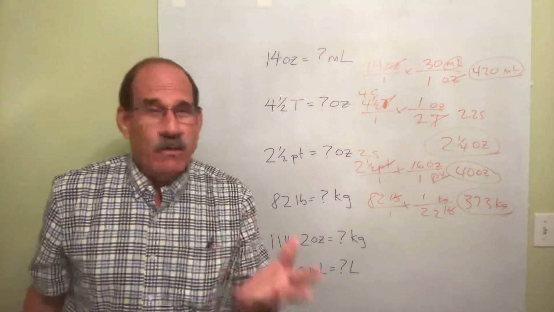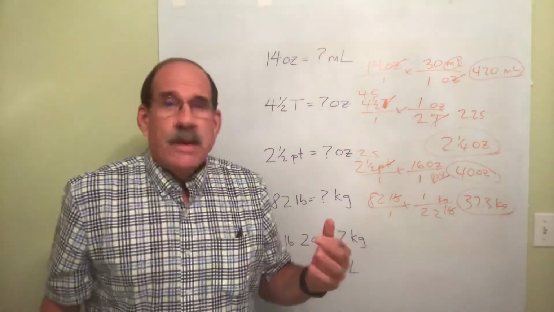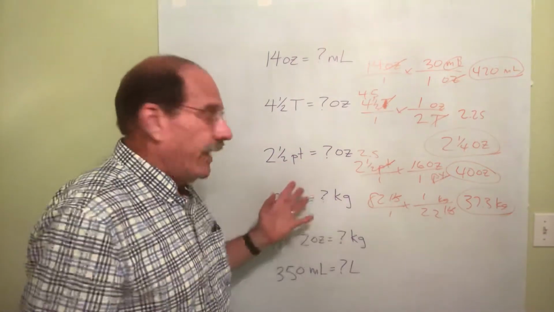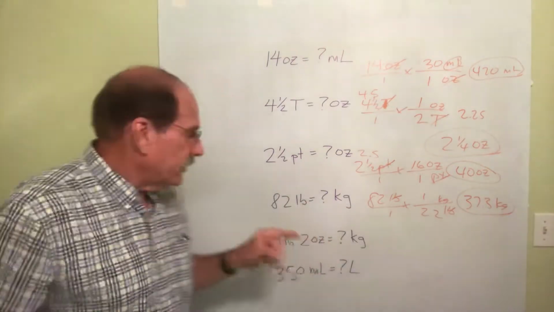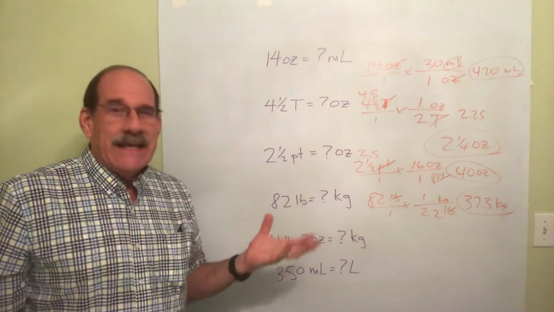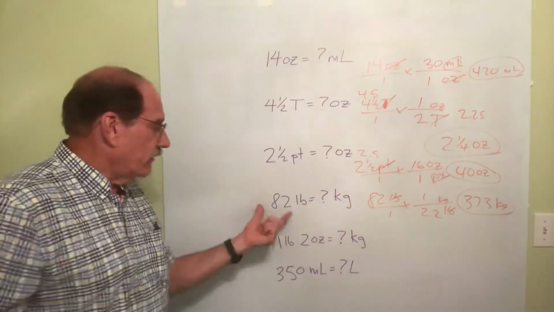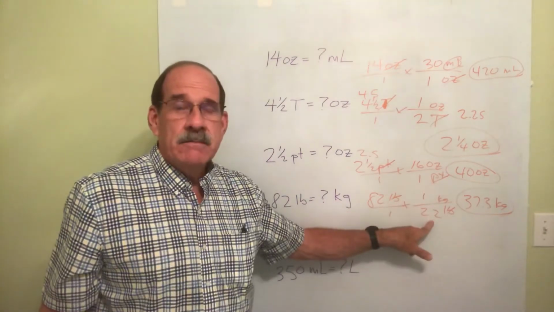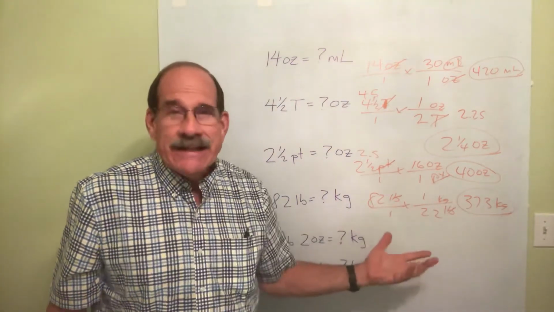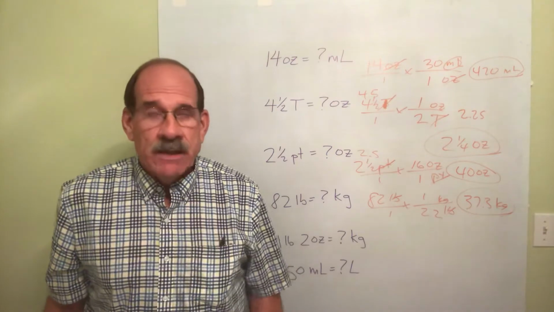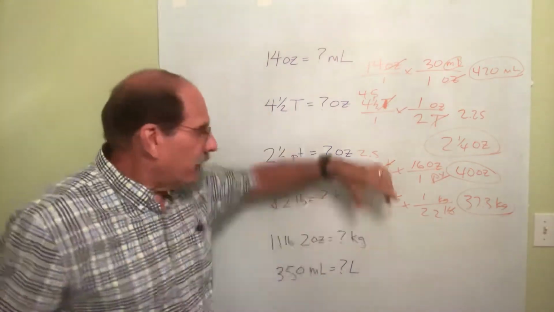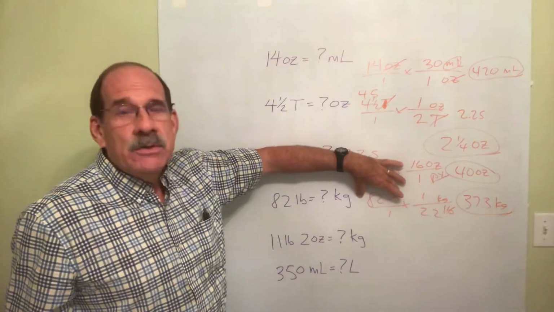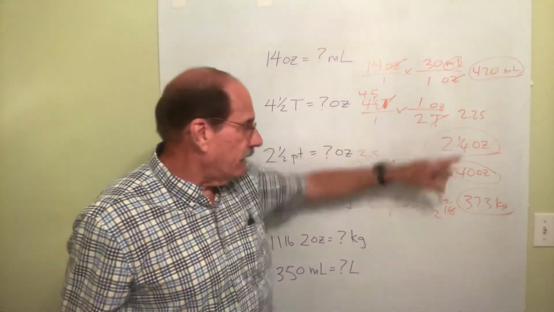Let me talk about one more thing too. We'll have later on in the semester lots and lots of stuff dealing with the pound and kilogram thing. You might have noticed already, every time we convert pounds into kilograms, you'll end up dividing by the 2.2. In fact, just to make your life easier, just remember this. I don't care what the number of pounds is right here. What will I do to those pounds to convert that to kilograms?